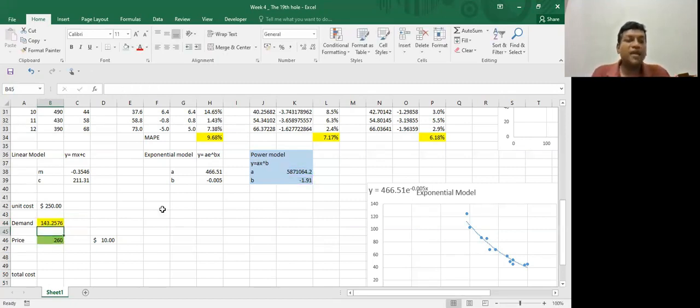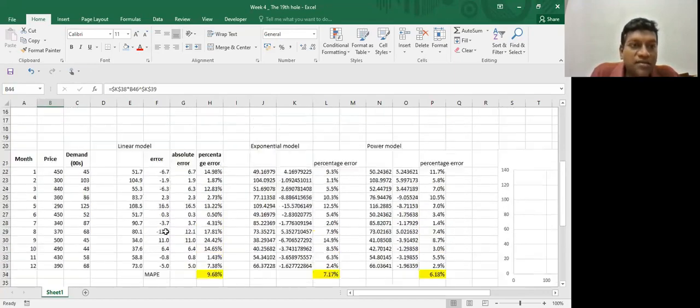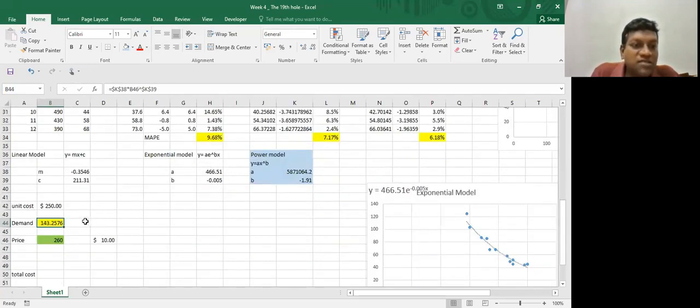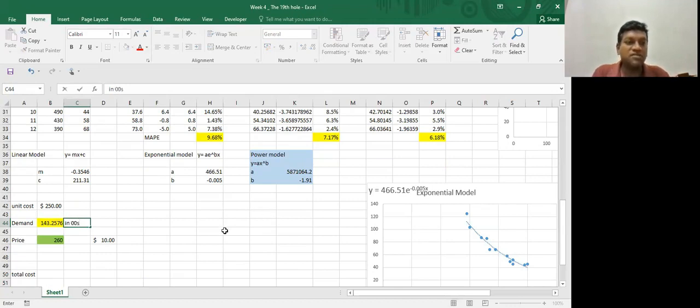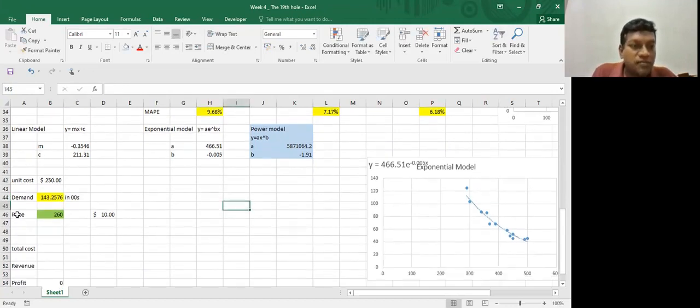So if the price is 260, your demand is 143.2576 units, or rather the demand is in hundreds. Clear about it. I'm pulling this down, making a little bit of space there.